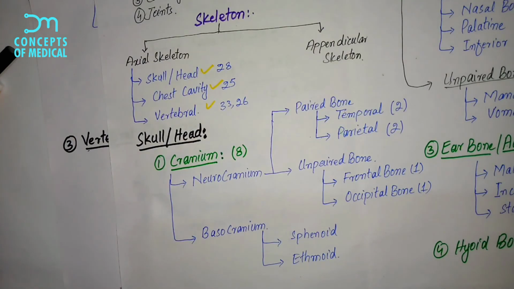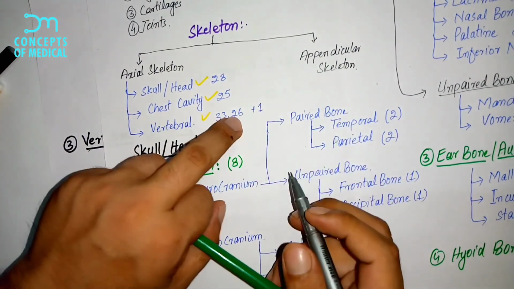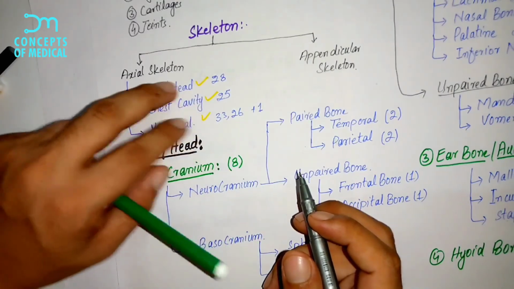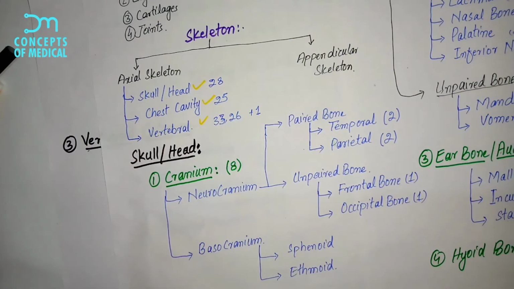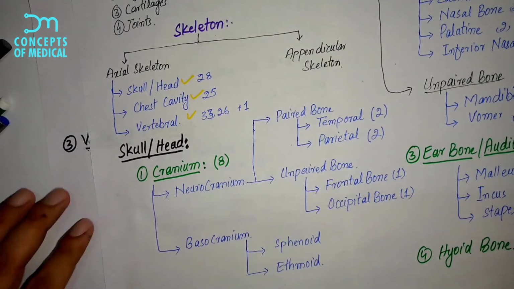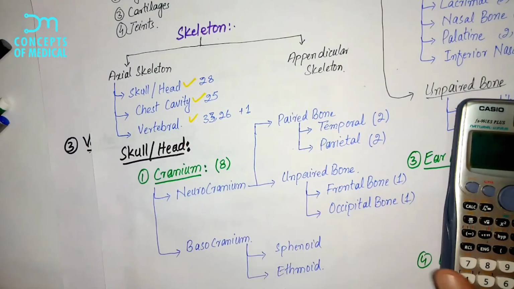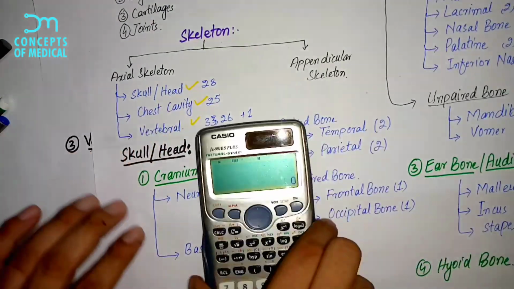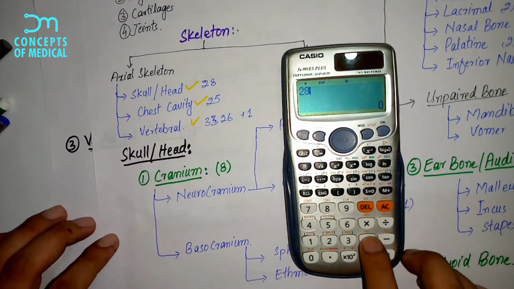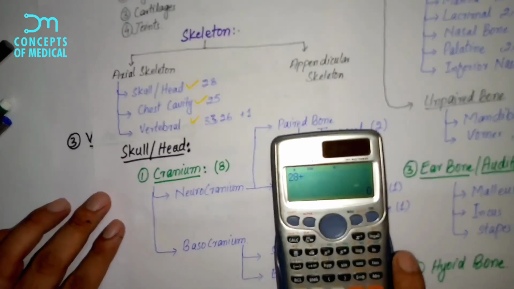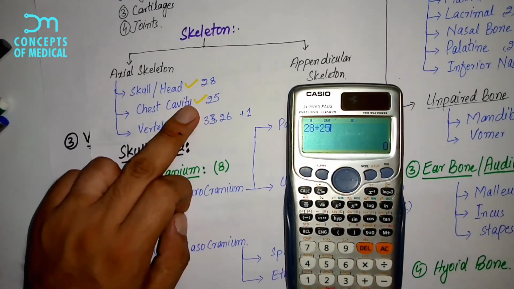So how many bones does it become? Plus one hyoid bone. If we count them together, first we count 33. So if we count the axial skeleton, how many bones do we have in it? First, in the skull we have 28 bones. I'll add them in the calculator so that there is no doubt. In the chest cavity we have 25, right?